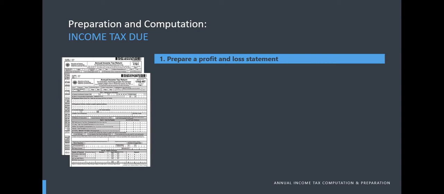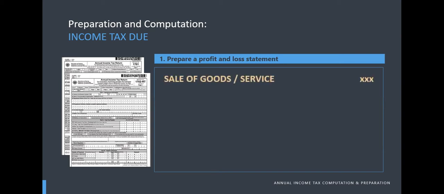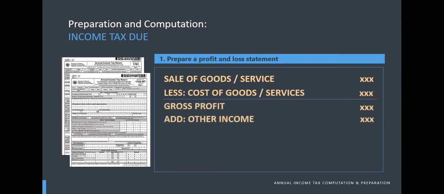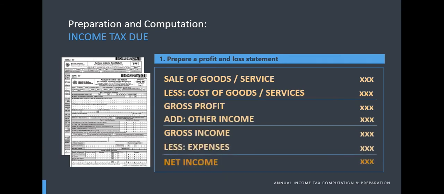So most likely there's always a profit and loss statement that needs to be prepared. Usually a profit and loss statement includes the sale of goods or services, less cost of goods and services, plus other income, less expenses to arrive at the net income. This is a basic form of profit and loss statement.